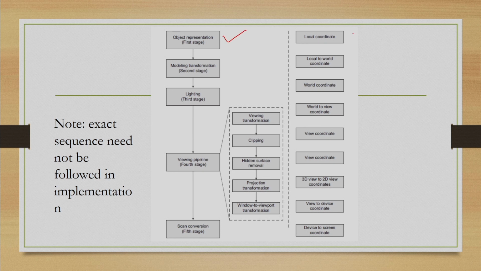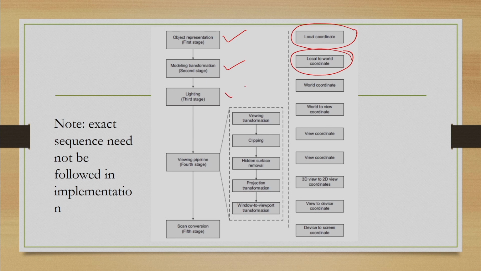Here the objects are defined in their local coordinate system. Then we have second stage, that is modeling transformation. Here a transformation takes place which is responsible for constructing a scene in the world coordinate system by combining together the objects that are there in the local coordinate system. So, essentially here there is a transformation from local to world coordinate.